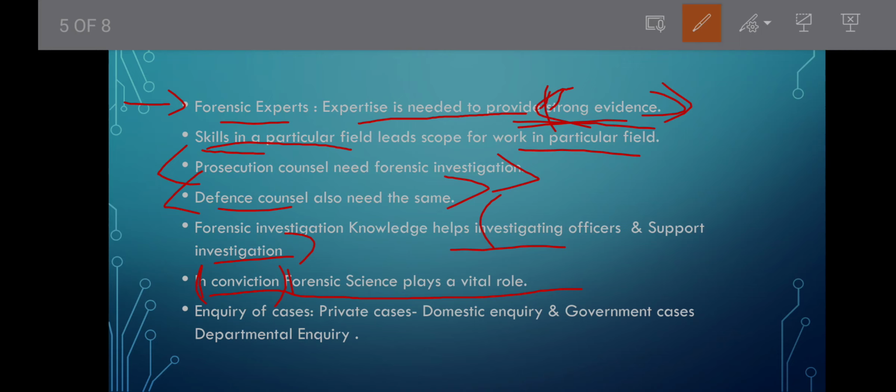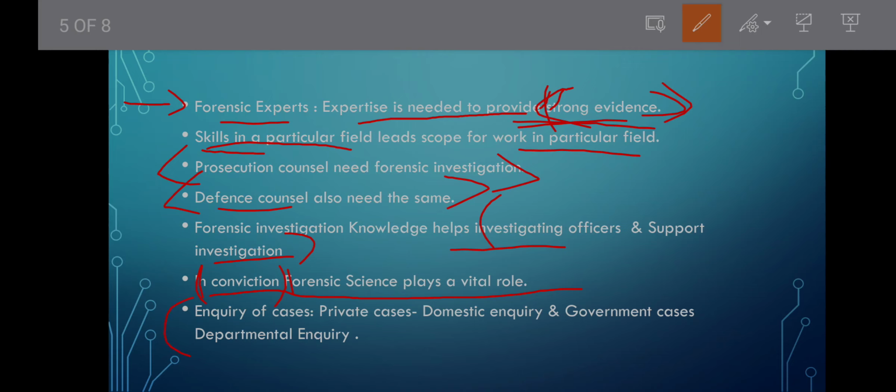In any conviction of a criminal, we cannot arrest or convict a person if we don't have proof or strong evidence. So forensic science plays a main role.